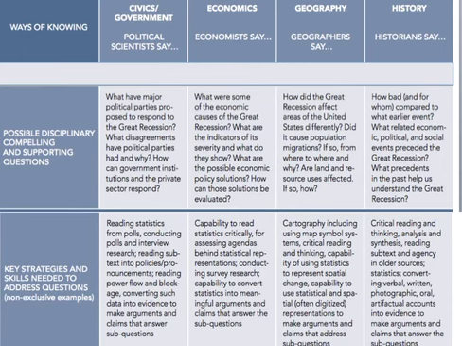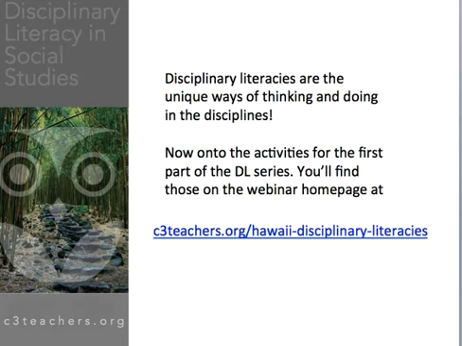So this slide gives us an example of disciplinary literacies. And as we move into the content areas, we'll explore more examples and specifically look at the indicators from each of the content areas in the disciplines to understand more about disciplinary literacies. In summary, disciplinary literacies are the unique ways of thinking and doing within the disciplines.